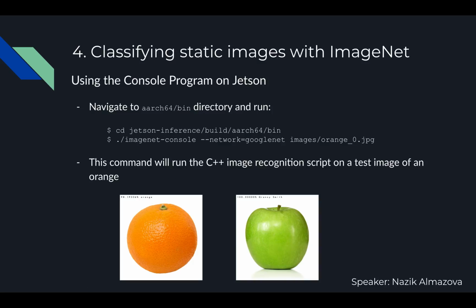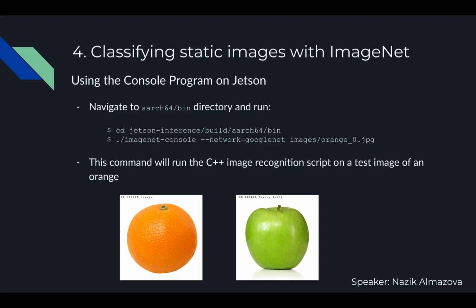And now we're finally ready to start classifying static images with ImageNet. In order to use a console program to classify an orange, we'll first need to navigate into the jetson-inference build aarch64 bin directory. There we'll need to run a C++ program, imagenet-console, with parameters of network and a source image.